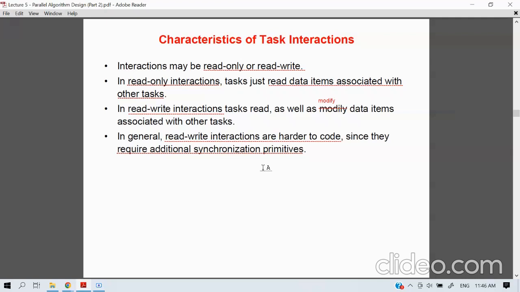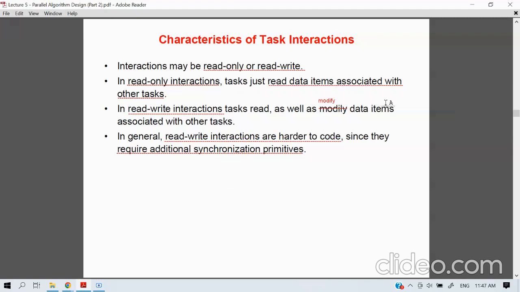However, if you want to read and also write the data inside the task or another task, it requires much more lines of code. We need to consider the interaction. We need to make sure whether the data is dependent on another task or not. It's quite difficult to code, so it is said to be harder to code compared to read only.